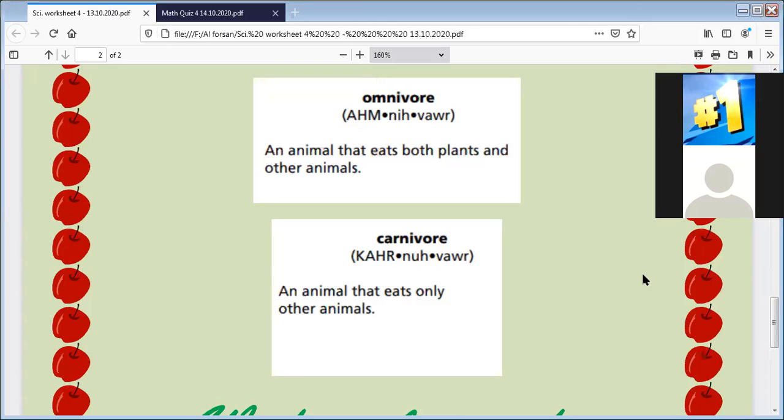We said carnivore, an animal that eats only other animals. Omnivore, an animal that eats both plants and other animals. I wrote notes about it. Let me find my note.